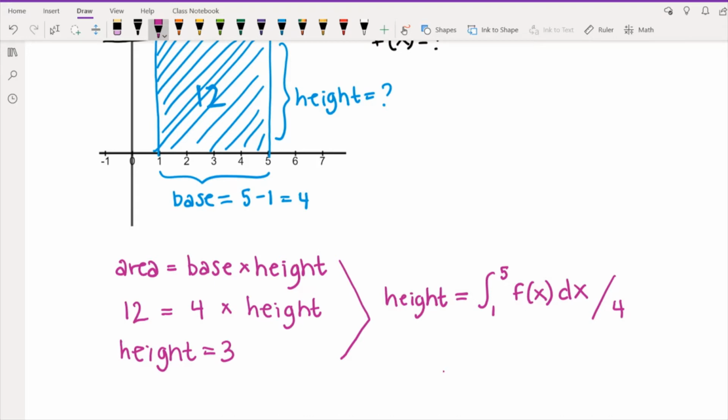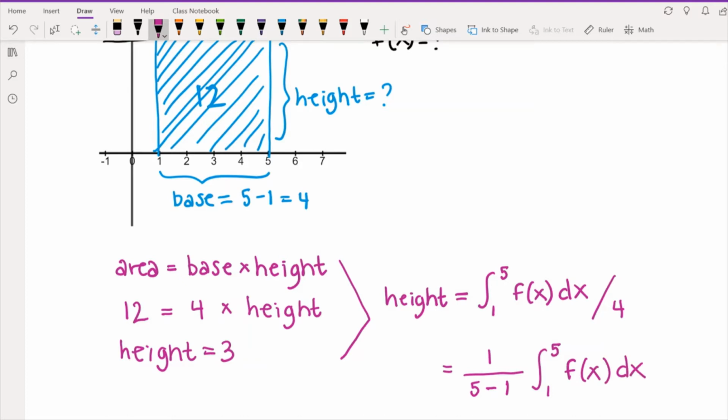Another way of writing this would be taking the integral and multiplying it by 1 over 4. And again, where did that 1 over 4 come from? It came from subtracting the two ends of our interval. So the height was 1 over 5 minus 1 times the integral from 1 to 5 of f of x dx.